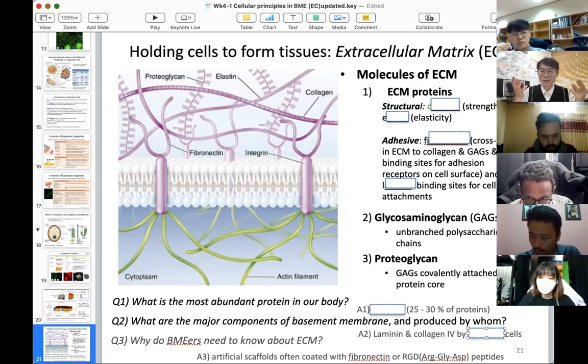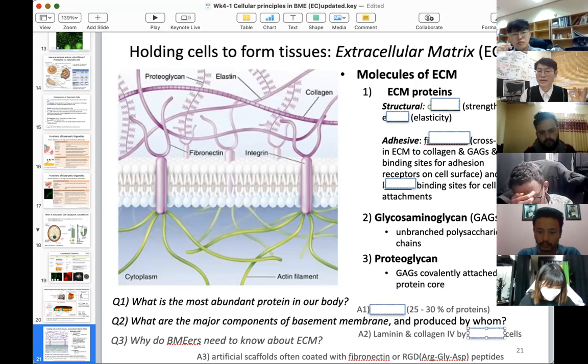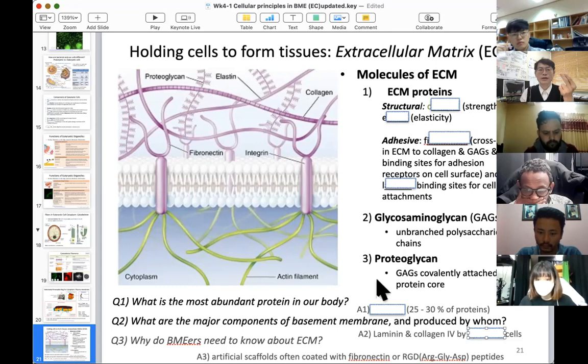But to make this happen well, the scaffold often needs to be coated with an ECM molecule such as fibronectin or even a peptide called RGD. This is a simple biochemical sequence of amino acids, where R stands for arginine, G for glycine, D for aspartic acid. So this RGD is famous: integrin binds to this RGD of the extracellular matrix. That's why this is important to understand when you do tissue engineering and grow cell culture and then try to develop a tissue substrate.